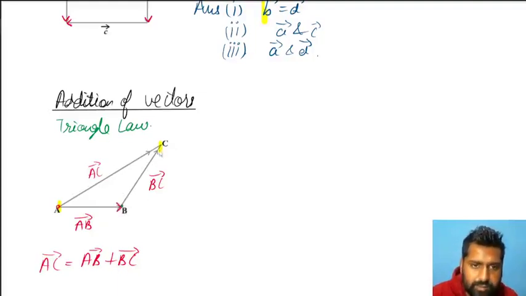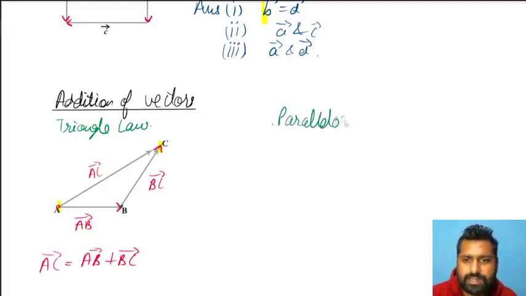Then you join the initial point and the terminal point, and that direction gives you the addition of the two vectors. This is triangle law. Then you have a parallelogram law also. Both give the same result. It's just that this represents a triangle, that one represents a parallelogram. So, parallelogram law.